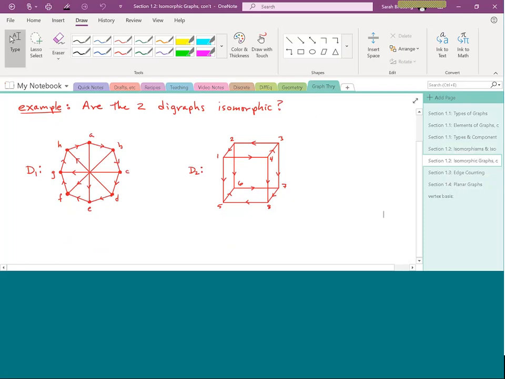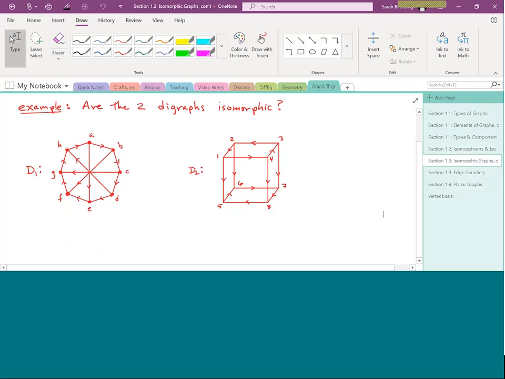If you have two vertices and there's, say, two edges between those two vertices, you have to make sure that same property happens in the second graph. Same deal with loops. If you have a loop in the first graph, you have to have a corresponding loop in the second graph. We're really not going to deal with whether multi-graphs are isomorphic, but you totally can do it as well. But I did want to go ahead and give us an example dealing with digraphs, or directed graphs.